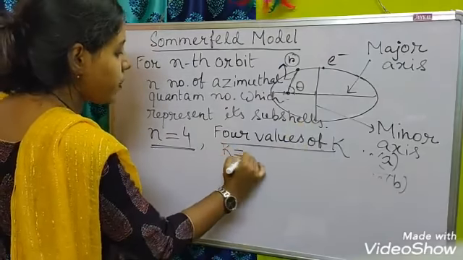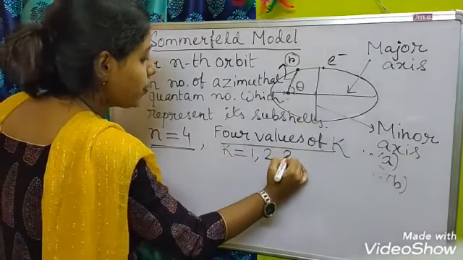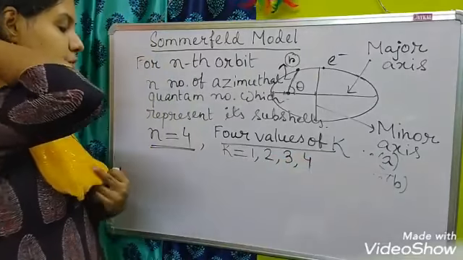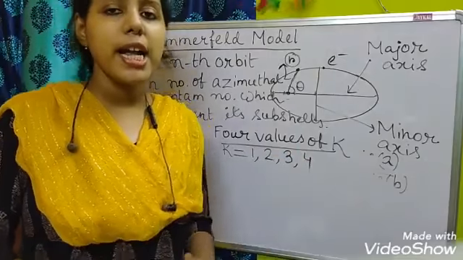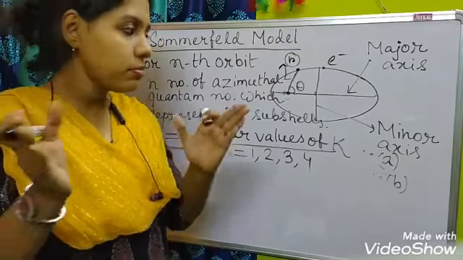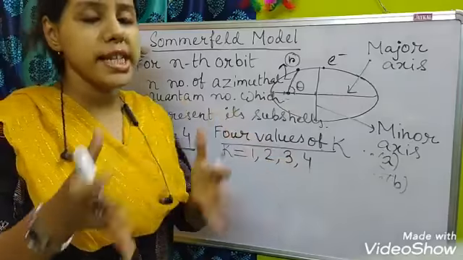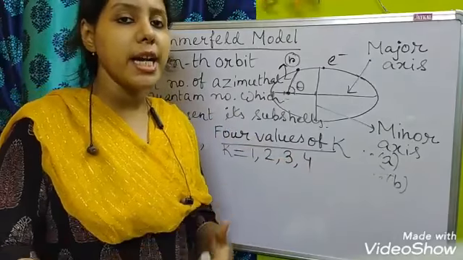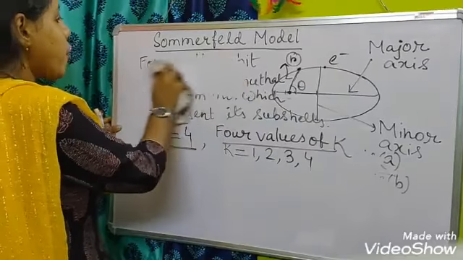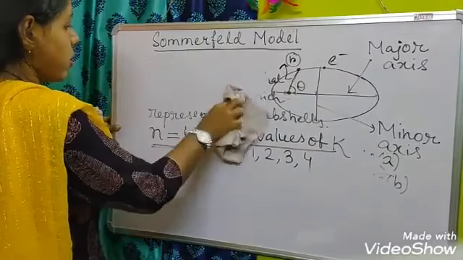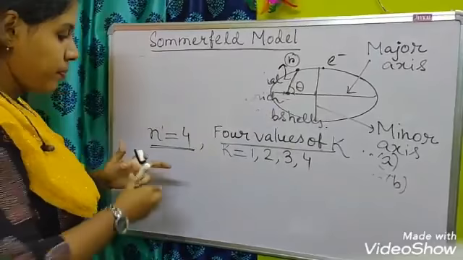The values of k will be 1, 2, 3 and 4. That means we are getting here 4 sets which are representing their subshells. So what are the 4 sets?